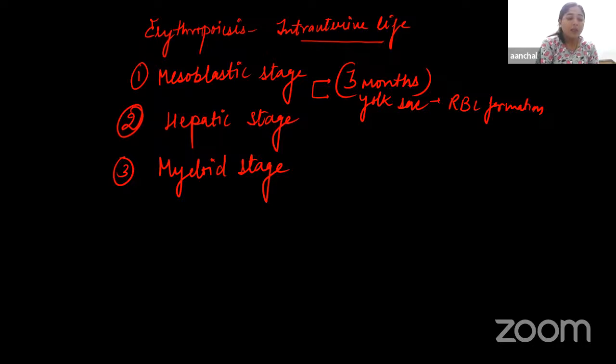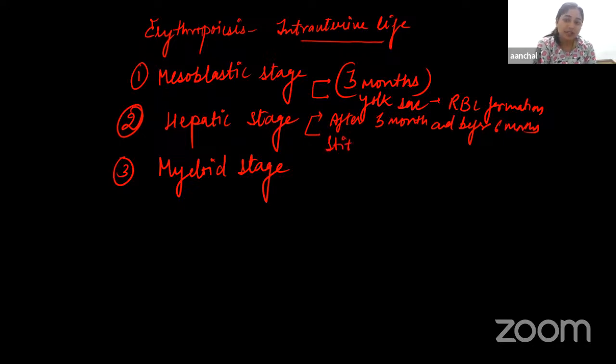Then in the hepatic stage, as the name refers, hepatic means liver. This stage comes after 3 months and before 6 months, and here the site of formation of RBC will be the liver and spleen.